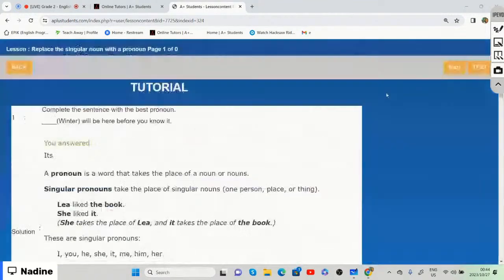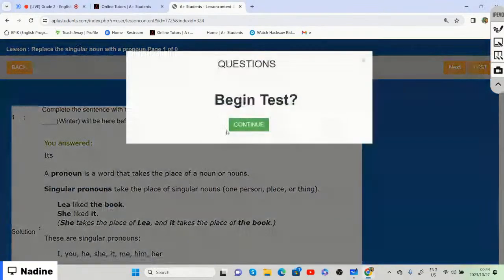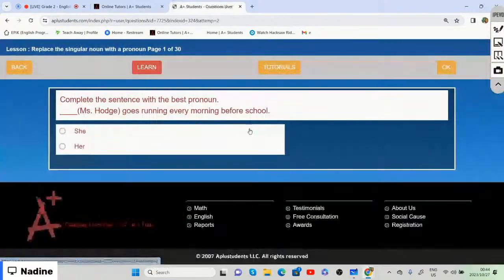All right, let's do our test. We are going to complete the sentence with the best pronoun.